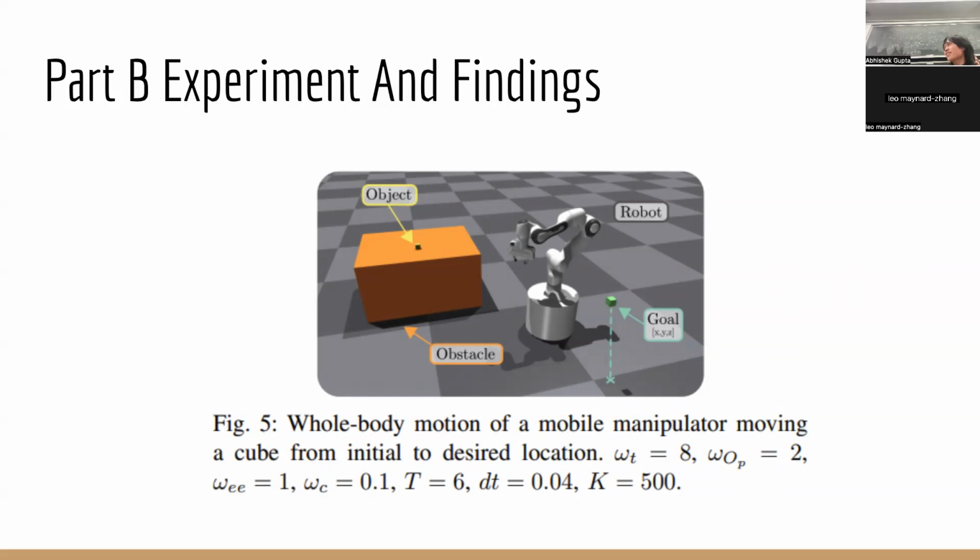They measured the time it takes for the robot to get the object to the goal location, but they didn't really compare it against any benchmarks. But they did say that with their method of control, they were able to, I think the quote was, have fluid motion from start to stop.